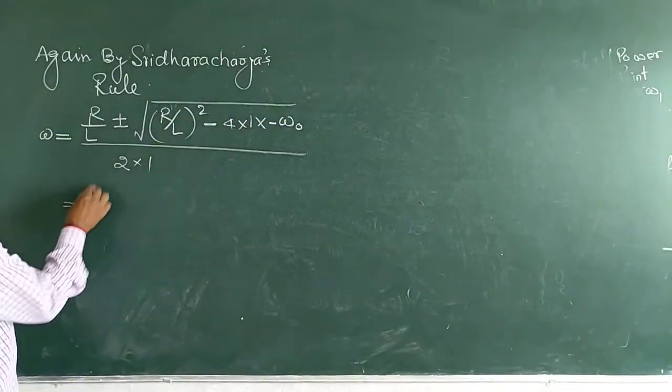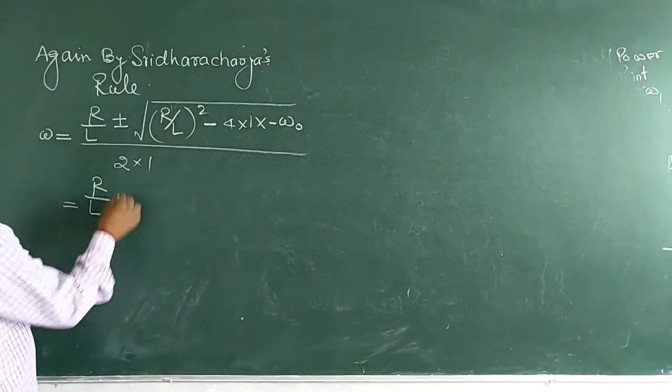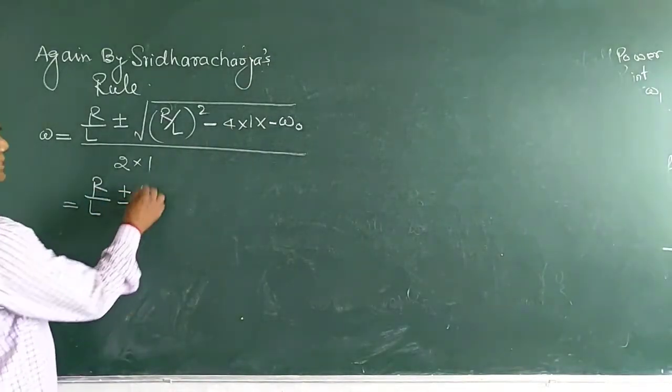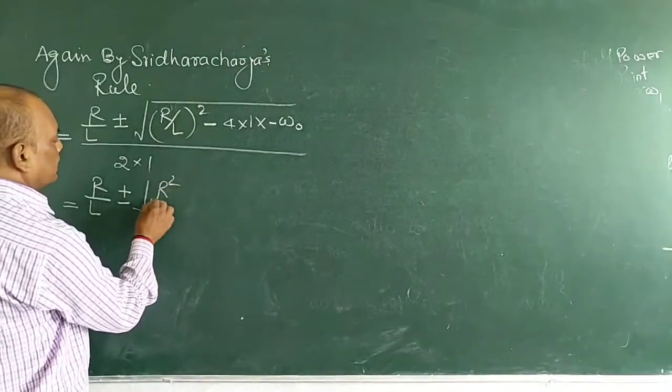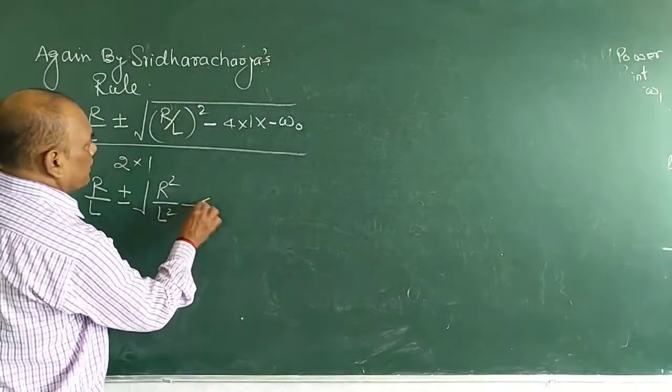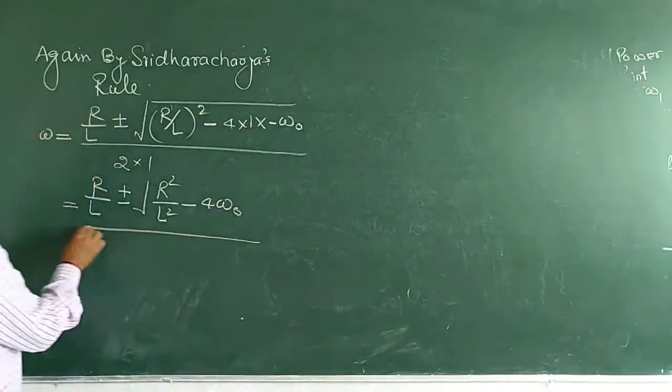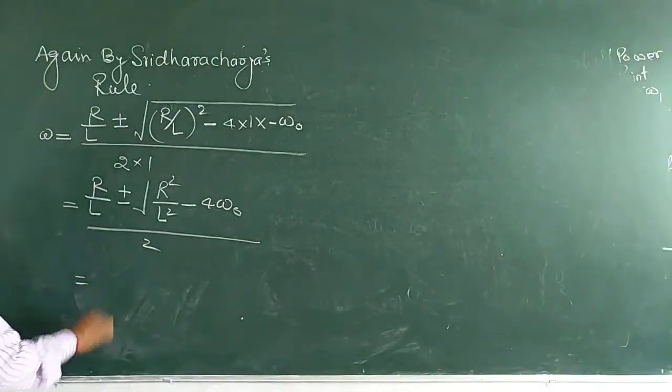So this becomes R by L plus minus under root R square by L square, upon 2.